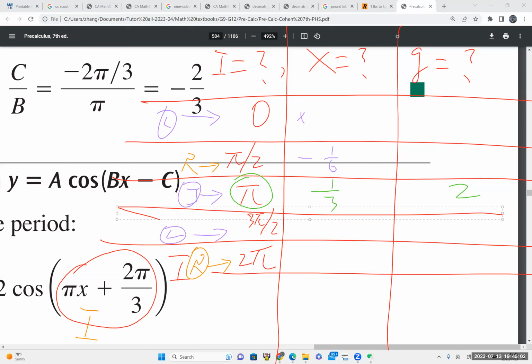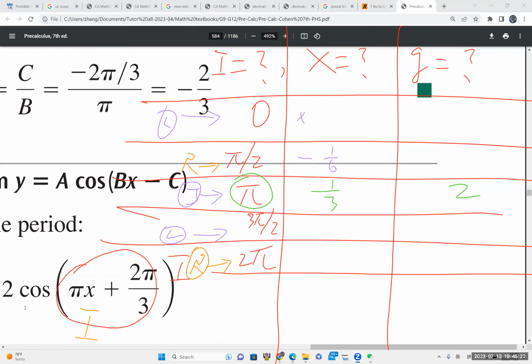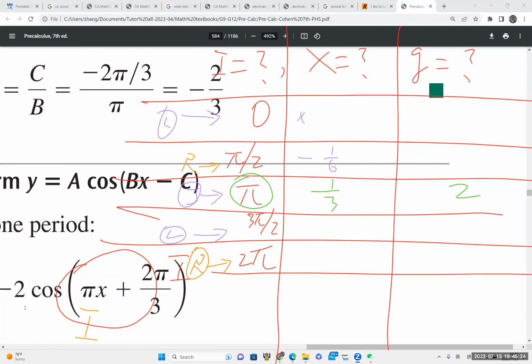Okay. For Neo, you see here when I equal to 0, means this pi x plus 2 pi over 3 equal to 0. Then you can solve x equal to what, right? So for this, x would equal -2/3. So write it.